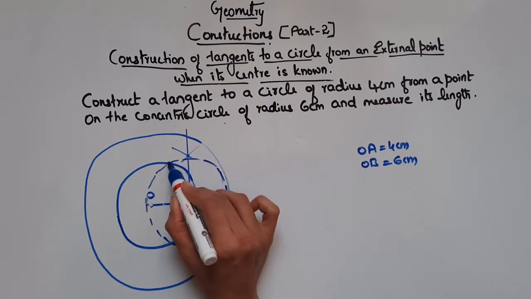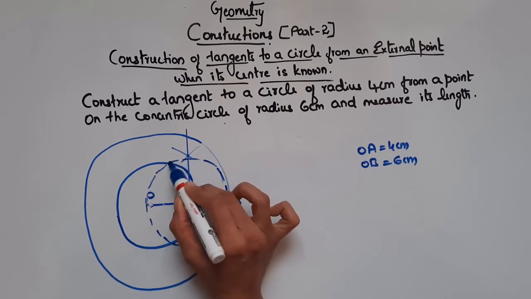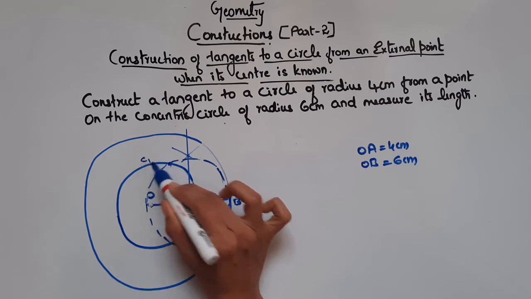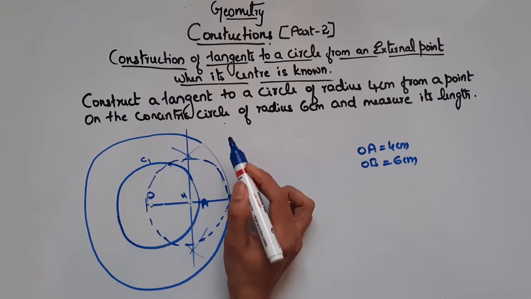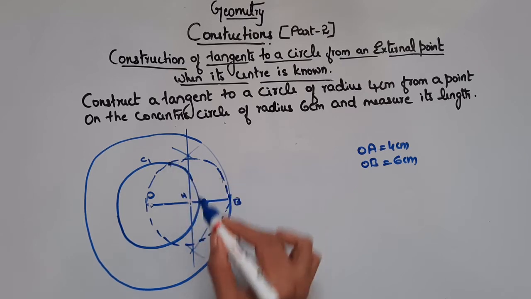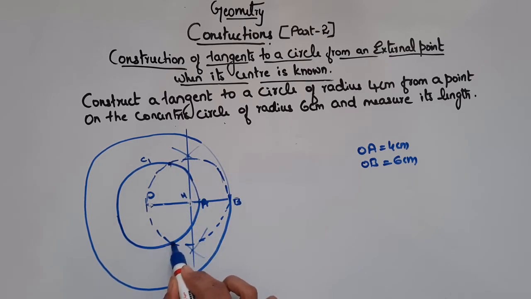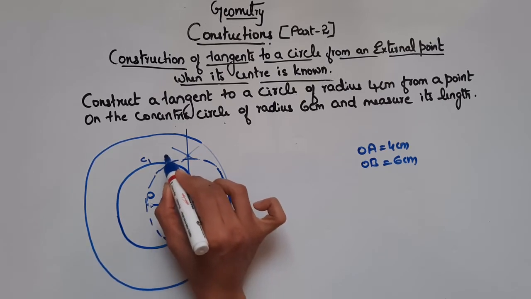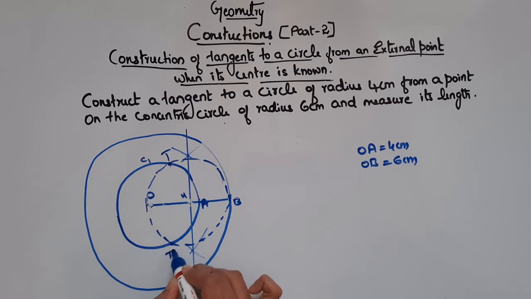The point of intersection of this circle and the given circle C1, this is your C1 circle, we have this point and here we have this point. Let's take these points as T and T dash.